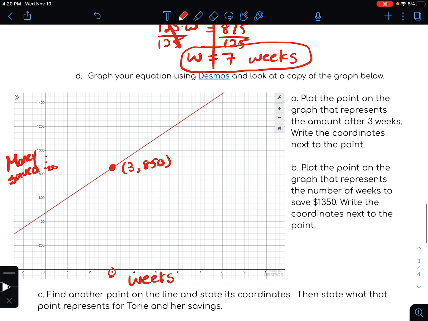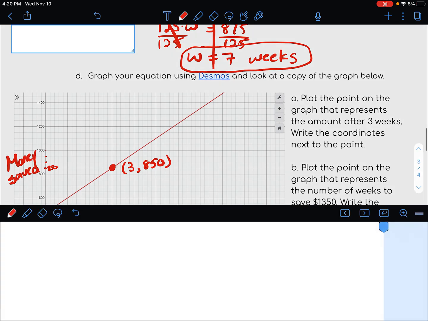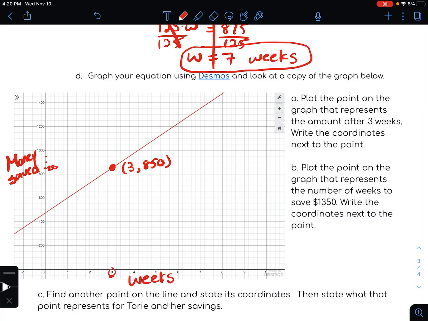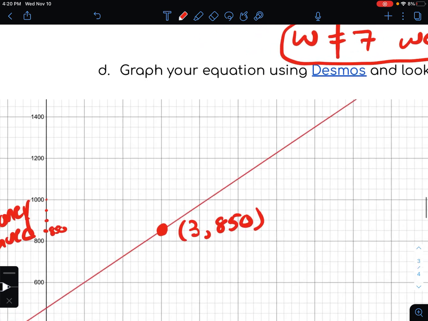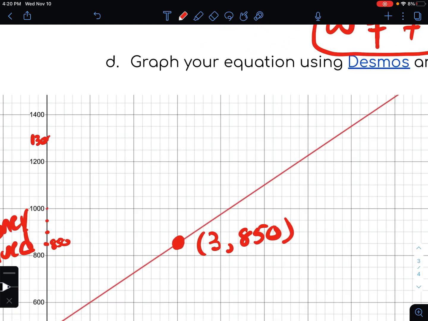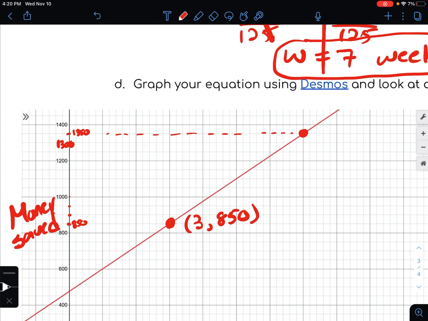And then B says plot the point on the graph that represents the number of weeks to save to $1,350. If we're looking carefully here, here's 1300, and that would be 1350. If you follow that over to our line, there's the point right there.